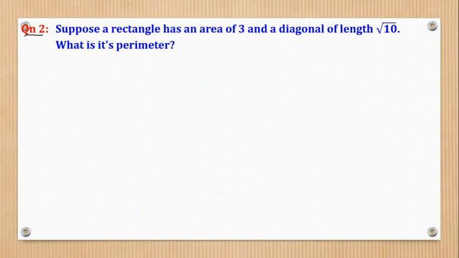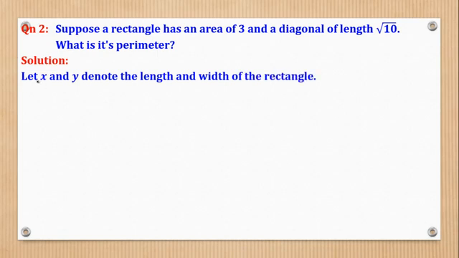Question 2 says, suppose a rectangle has an area of 3 and a diagonal of length root 10. What is its perimeter? So we first sketch. So let x and y denote the length and width of the rectangle.